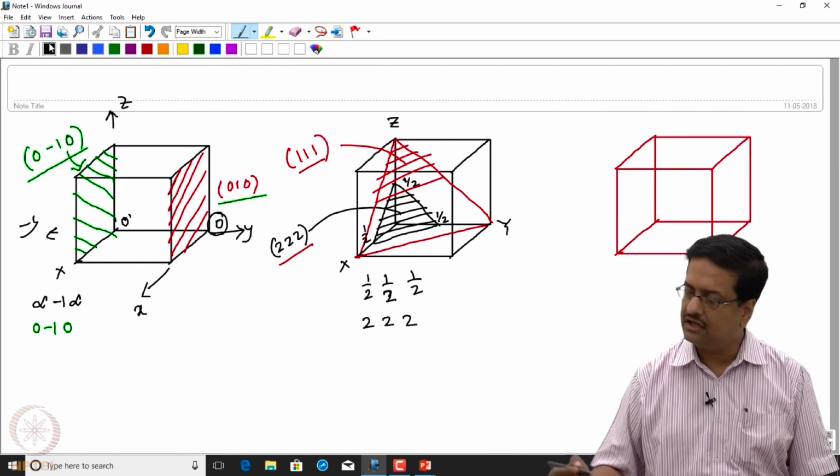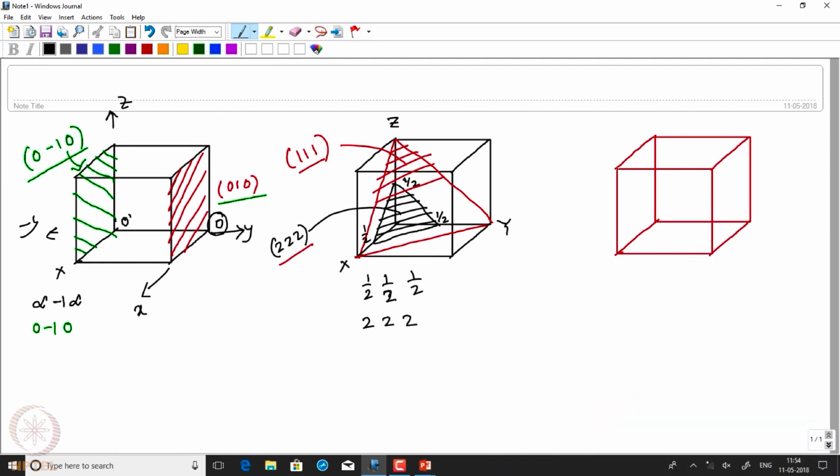So now on the third box here, I would like to draw a plane like this. The intercept here is half. So that means along x, y and z, we have this plane which is parallel to the x-axis, that means the x-intercept is infinity.